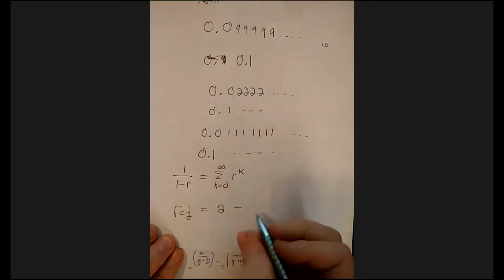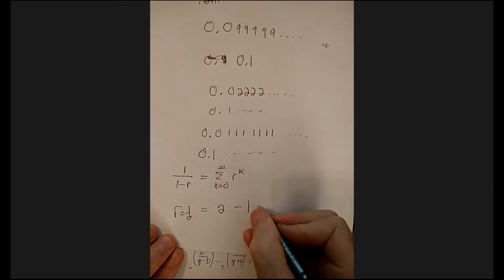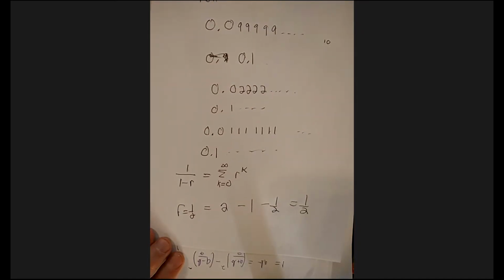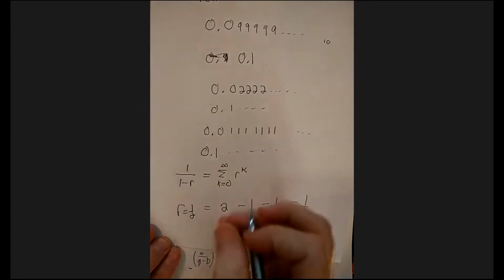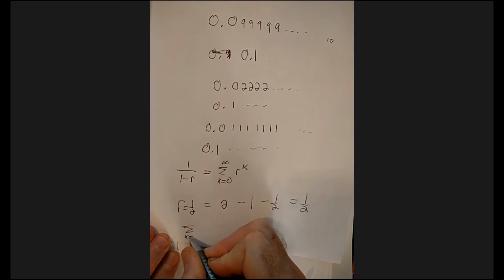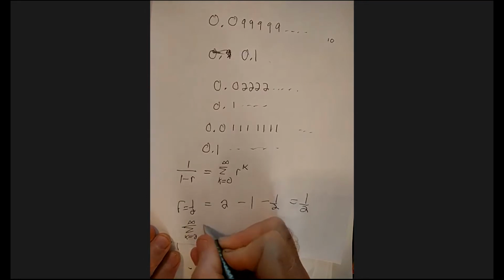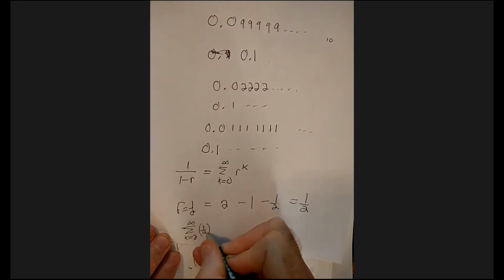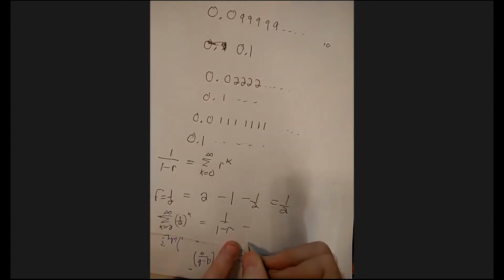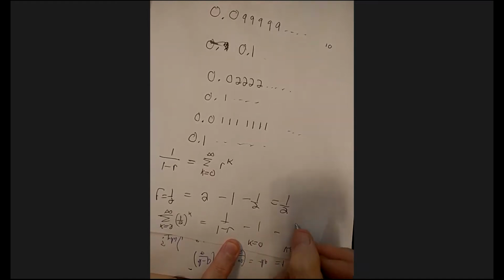There's no 1 here, so we have to subtract the 1, and we subtract the 1/2. So you're just going to get 1/2. Because what we're really looking at here is 1 over 1 minus r minus the k equals 0 term minus the k equals first term. There's other ways to do that.